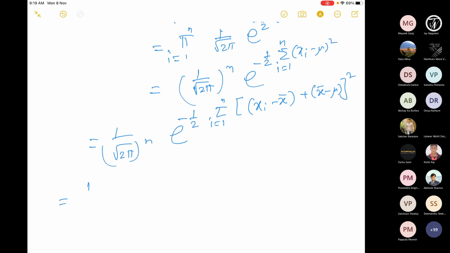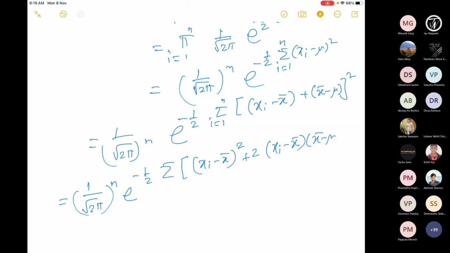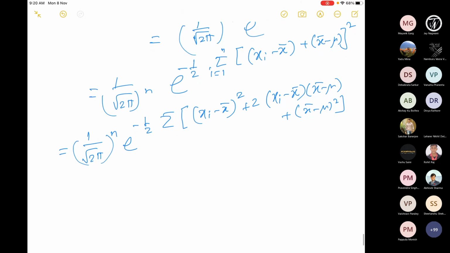Expanding with the formula for (a plus b) whole square, this gives 1 by square root of 2 pi to the power n e to the power minus half sum of (xi minus x bar) whole square plus 2 times (xi minus x bar)(x bar minus mu) plus (x bar minus mu) whole square.